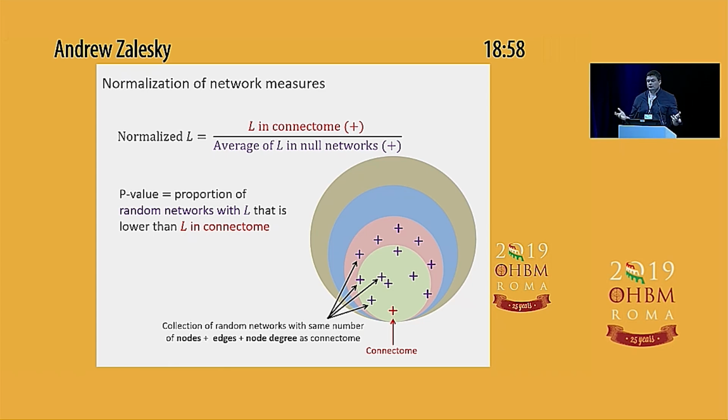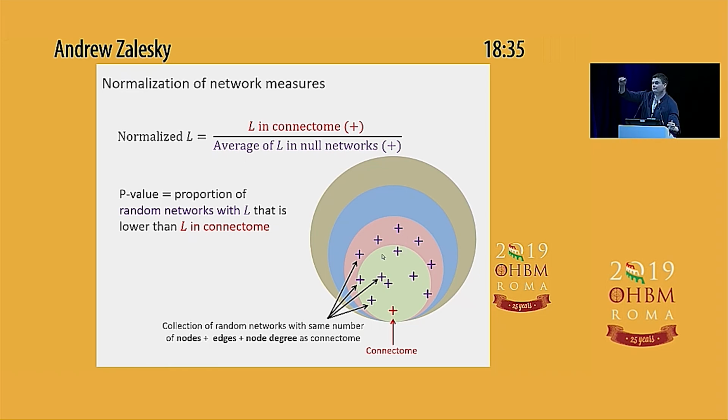So what do we do once we've done this, once we've determined exactly what our null network should comprise, what constraints it should keep or not keep, how can we then use this? And so what's done, we typically sample random networks from our space. So remember the pink space here is where we match the number of nodes, the number of edges, and the node degree.